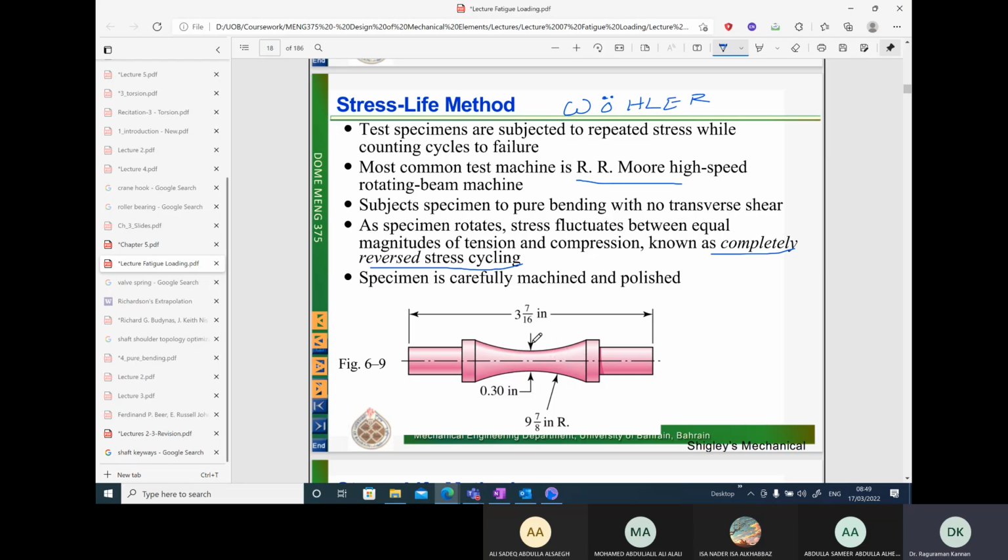All these things will reduce the life of the specimen, and we want to check an ideal specimen with no defects on the surface. So we must have a polished, mirror-finished and well-machined surface, and for this kind of standard specimen, we do the experiments.